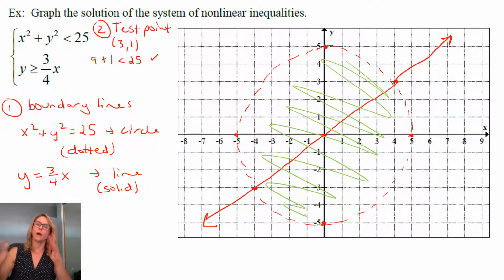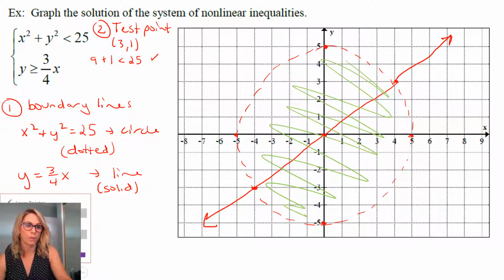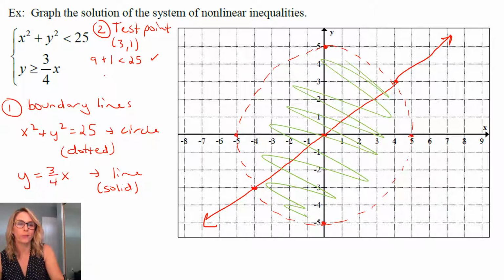Now for that line, we just have to say, are we up above that line, or down below that line? And we just check something else. So we could check the point 3, 1. In the second inequality, is 1 greater than or equal to 3/4 times 3?